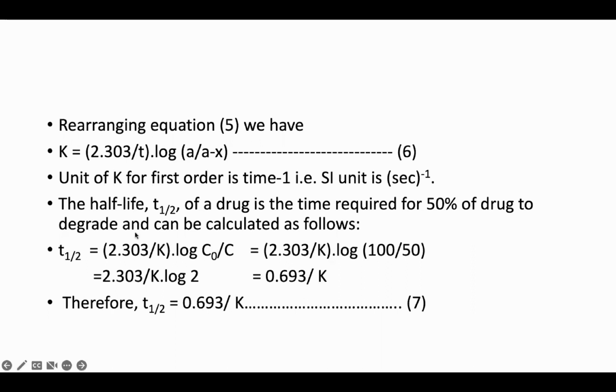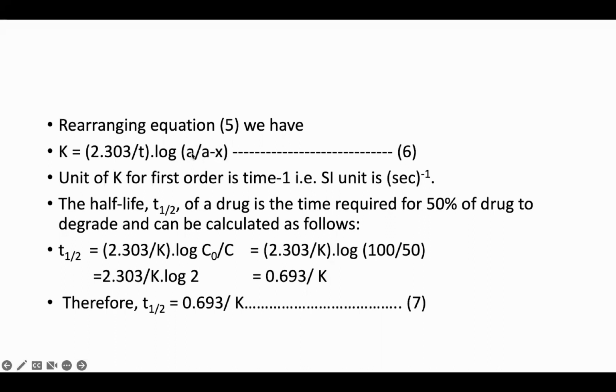Now, a very important parameter for describing how medicines are distributed or eliminated in a person's body is the t-half. That's the time required for 50% of the drug to be removed out of the person's body, right? That's to be eliminated out. And you can calculate it as follows, right? So from our t-half, that's the time to get to 50% of the concentration.